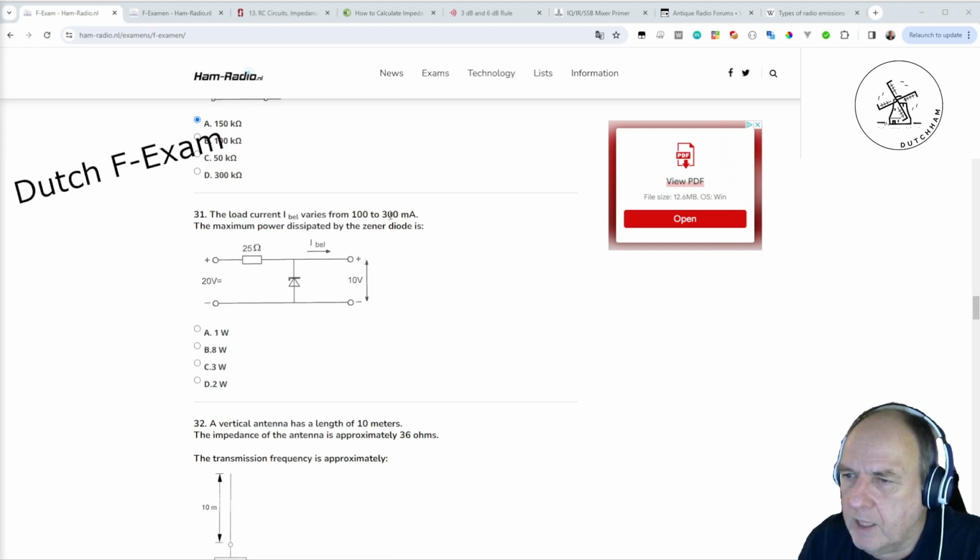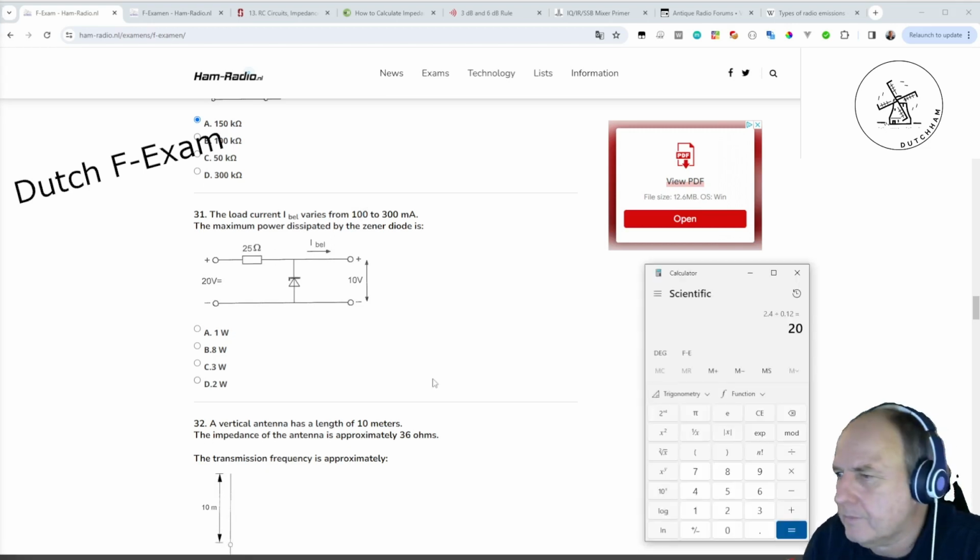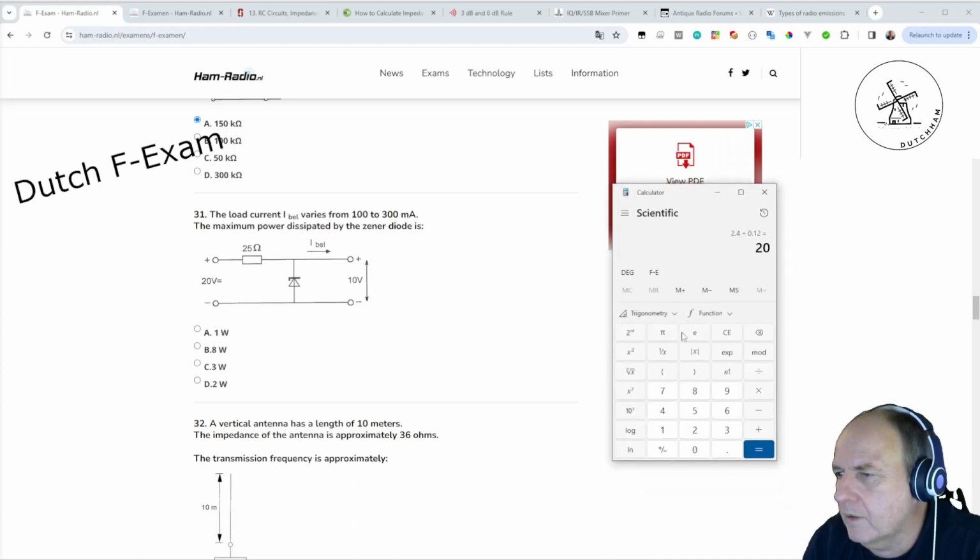Because with the 300 milliamps load, the voltage drop over this resistor will be bigger. So with 100 milliamps, let's get the calculator again. So 0.1 times the 25. Oh, 25 is 2.5 volts.